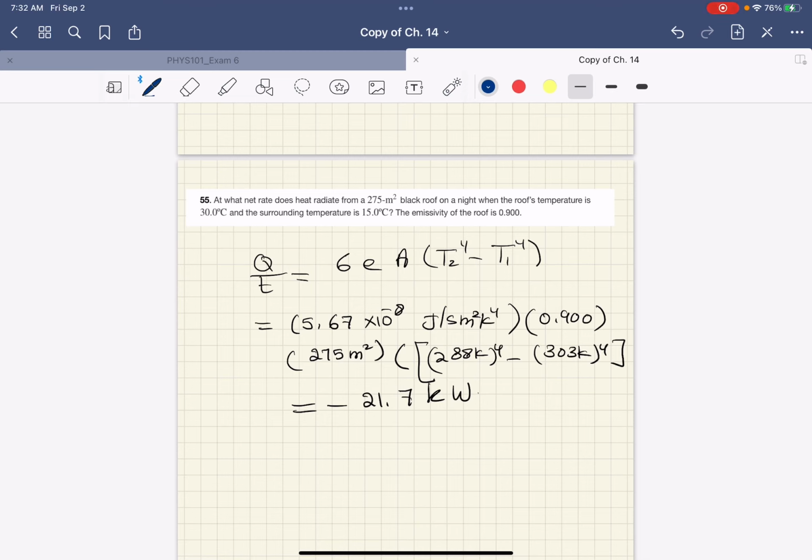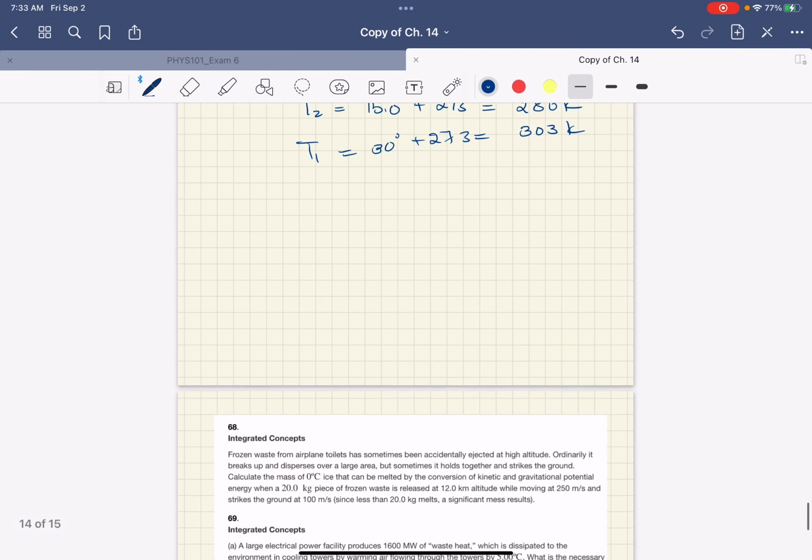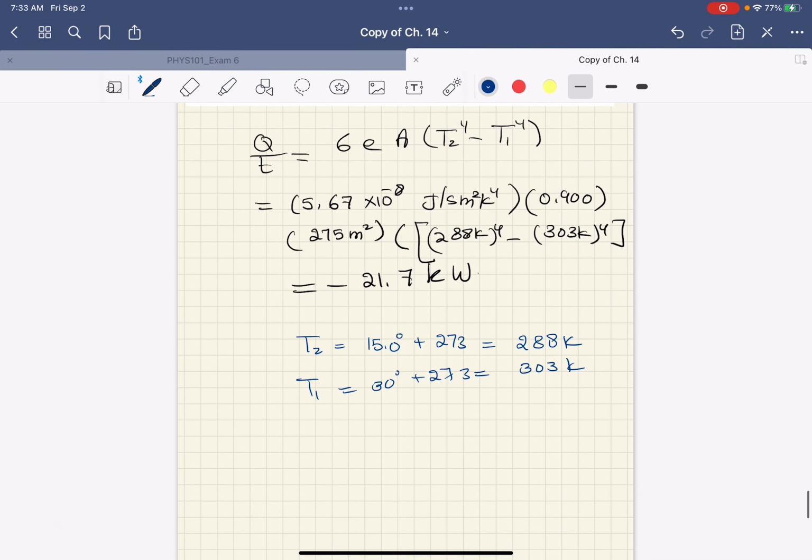Remember here, T2 is 15 plus 273, and T1 is 30 plus 273, and that is going to be 303 Kelvin. And don't forget these temperatures should be in Kelvin.